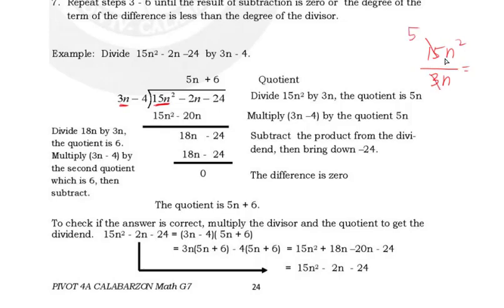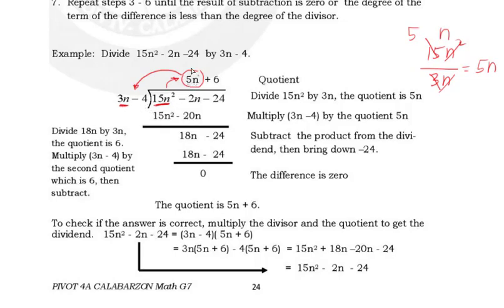And then, ito po ay magiging n na lang. Kaya magiging 5n. Kaya po nilagay dito yung 5n. Hindi po dun sa katapat, lalagay mo dun sa kasunod. So, saan po galing yung 5n? By dividing 15n squared divided by 3n. Kaya 5n. The next is, multiply mo po itong 5n doon sa dalawa.